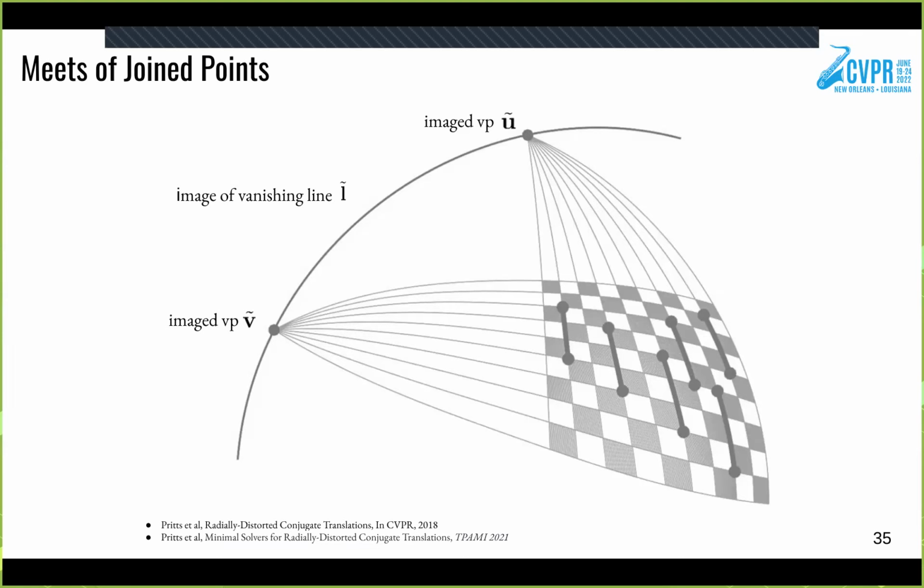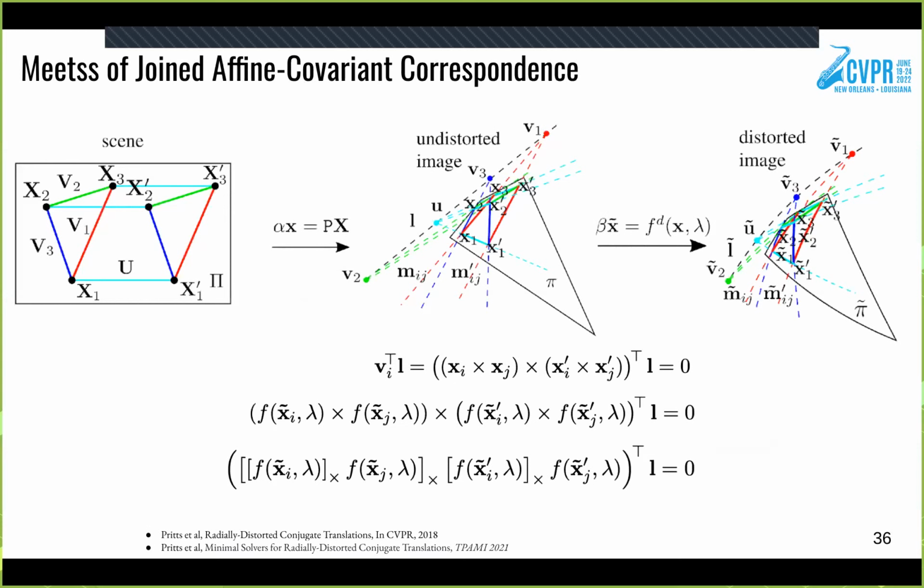So it's the algebra that you will see is the join of meets of joins. And that's what's shown here. I think I lost a join. Oh no, I'm sorry. We didn't actually join. That's right, because the vanishing line is left as an unknown, so you don't have to do that final join. So in terms of generating the constraint, it's just meets of joins.